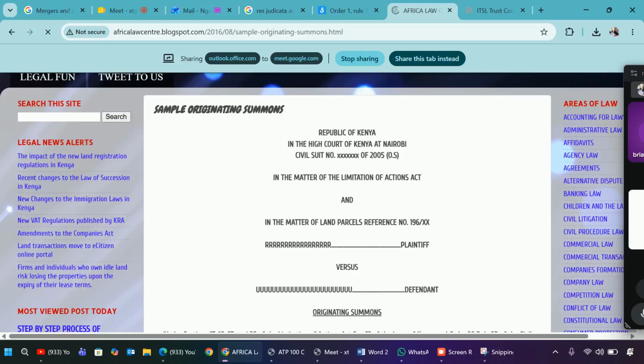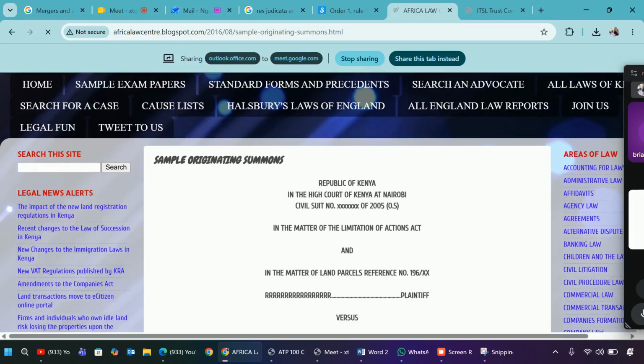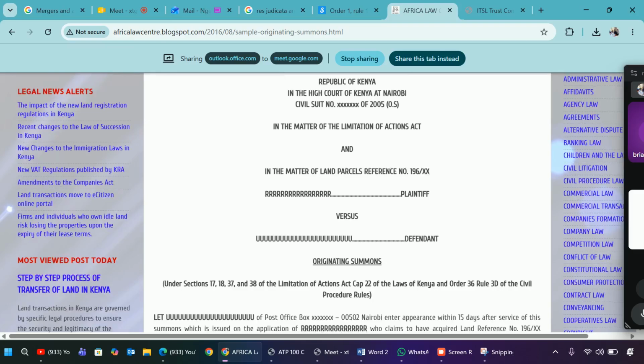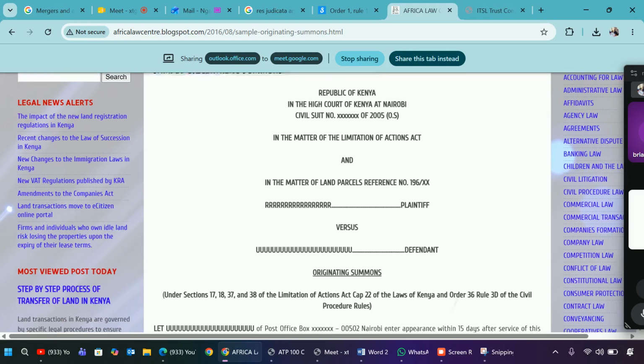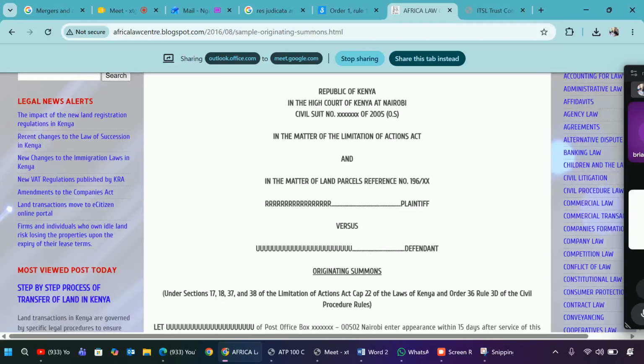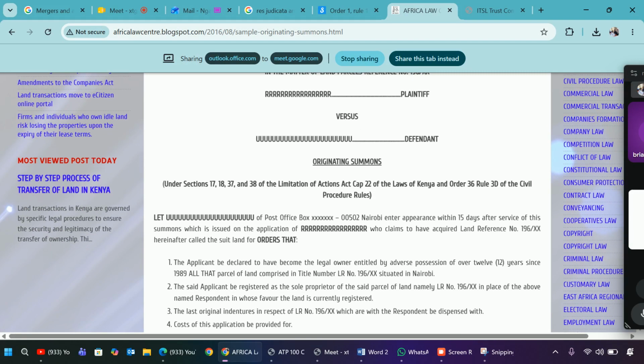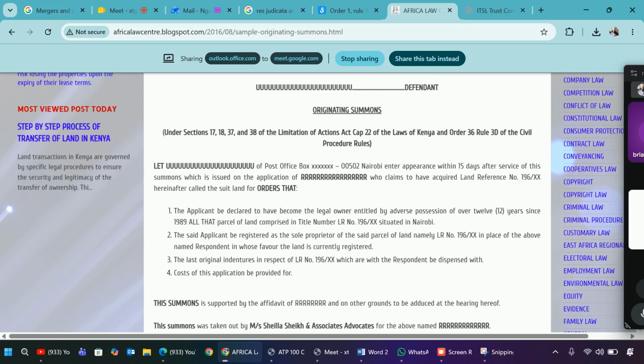Okay, there is a blog that has been done by Africa Law Center, where generally when you are drafting an originating summons, you have the case title, in the matter of the Limitation of Actions Act, and in the matter of land parcels reference number, you have the parties, the title, originating summons, being brought under which provisions of the law.